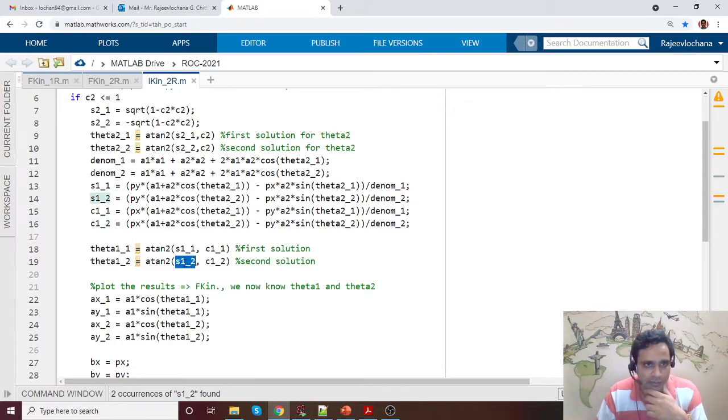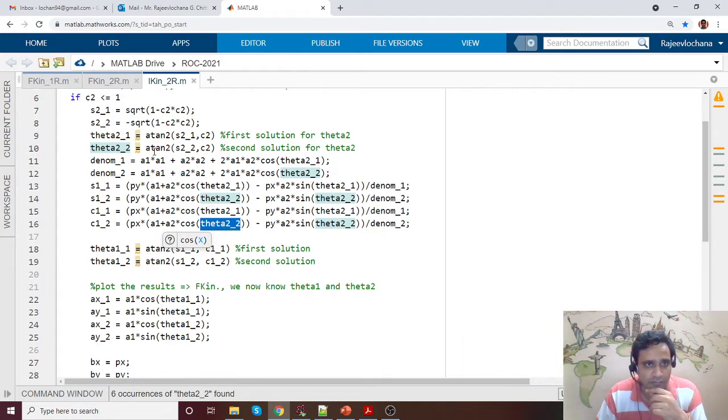Okay, now s1 has py into a1 plus a2 cos of theta 2, like this, minus px a2 sine of theta 2, denominator 2. Similarly, c1 2 is a1 plus a2 cos theta 2 term, denominator 2.